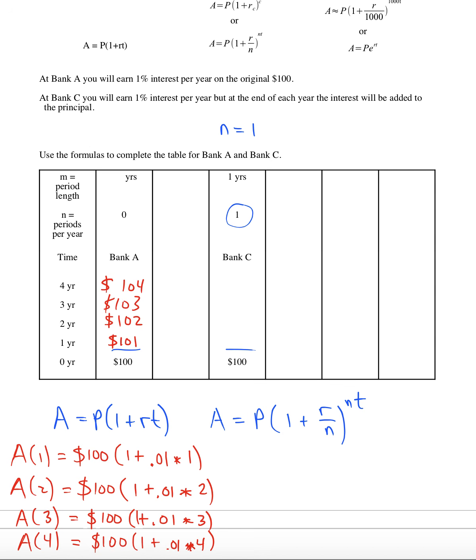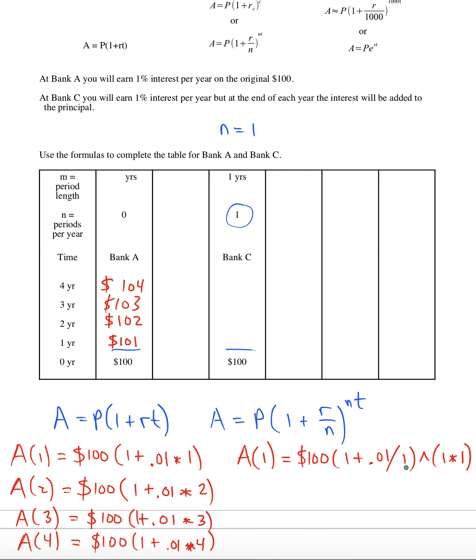Now let's enter the compound interest, which is a little bit harder. Here's how it should appear on your calculator. So the interest rate is 0.01. That's on top of the fraction.